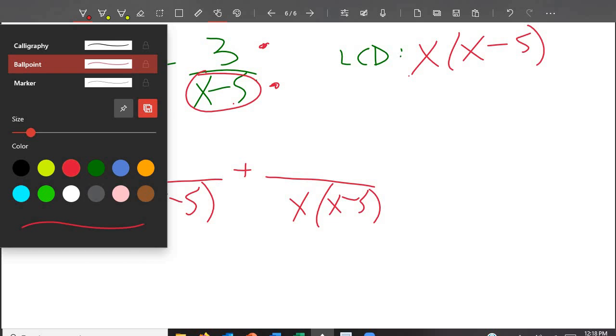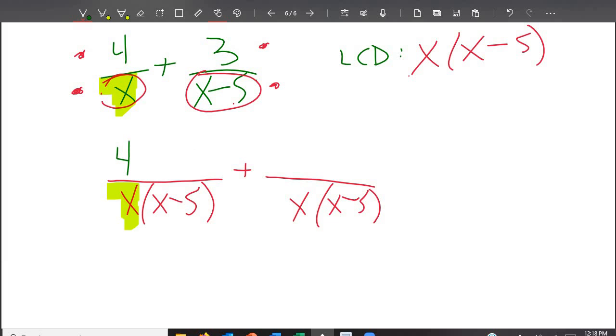Notice I didn't highlight the x minus 5. Since I didn't highlight the x minus 5, that's what has to go in the numerator. Over here, let's highlight the x minus 5. What's not highlighted is the x, so that's what has to go in the numerator.